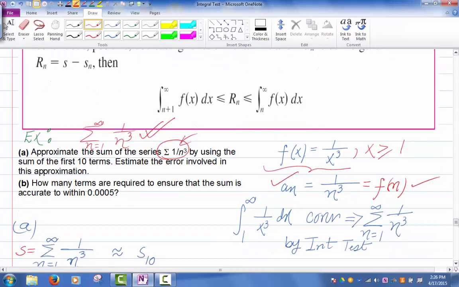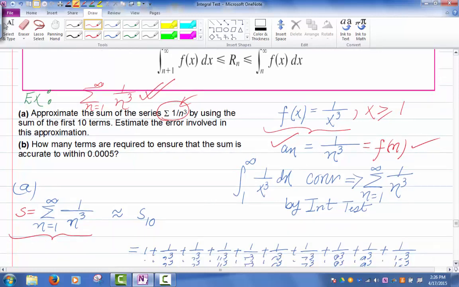And the second part of the question is, how many terms do I need to add in order to ensure that the error would be less than 0.0005? So one more zero. So when I added 10 terms, the error I got was 0.005. So how many terms should I add to make sure the error is less than 0.0005? How do I come up with that?